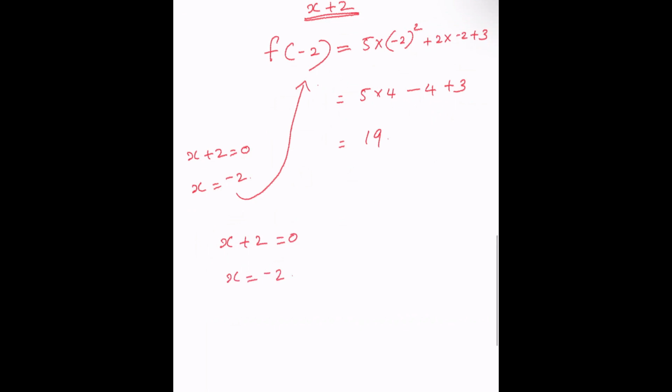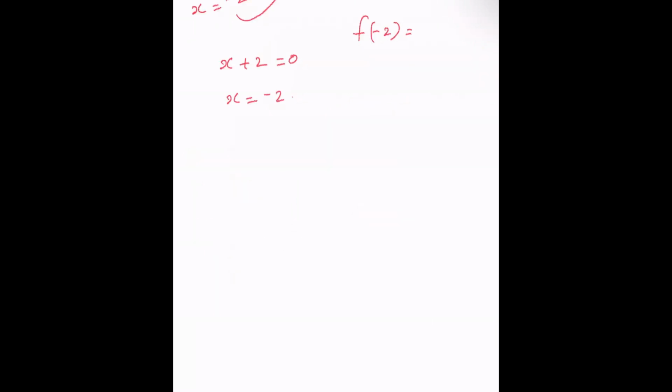This is minus 2. Now, the polynomial at f of minus 2 will give me the remainder. Understood? We will do it both ways: we will find the remainder by dividing and by substituting the value. Both ways we will try to figure out.